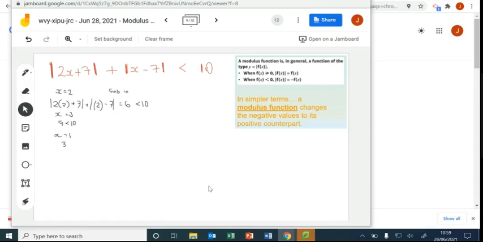So 2 times 2 is, and then plus the 7. And 2 minus 7 is, and then the modulus of that is, so this number 9 was actually quite a tough one.